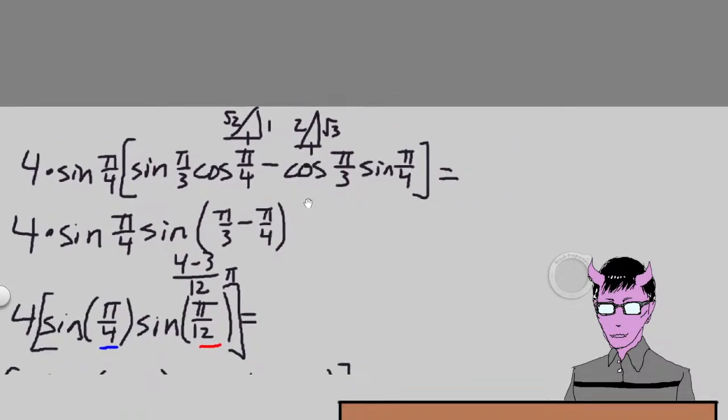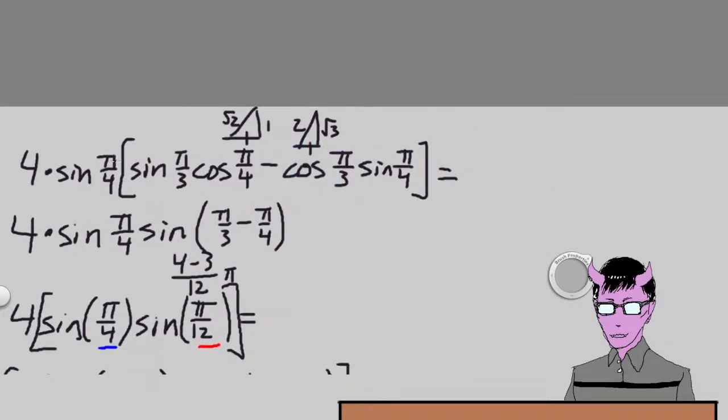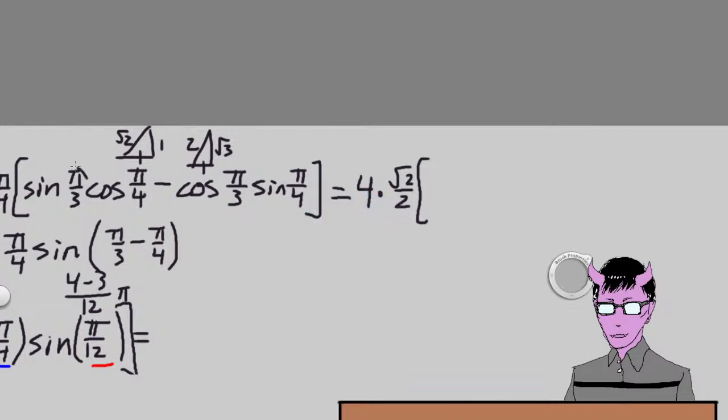Now just comes the tedious task of evaluating each single one. So that's going to be root 2 over 2. Copy paste the 4. Again, root 2 over 2. Bracket. Sine of pi over 3, root 3 over 2.